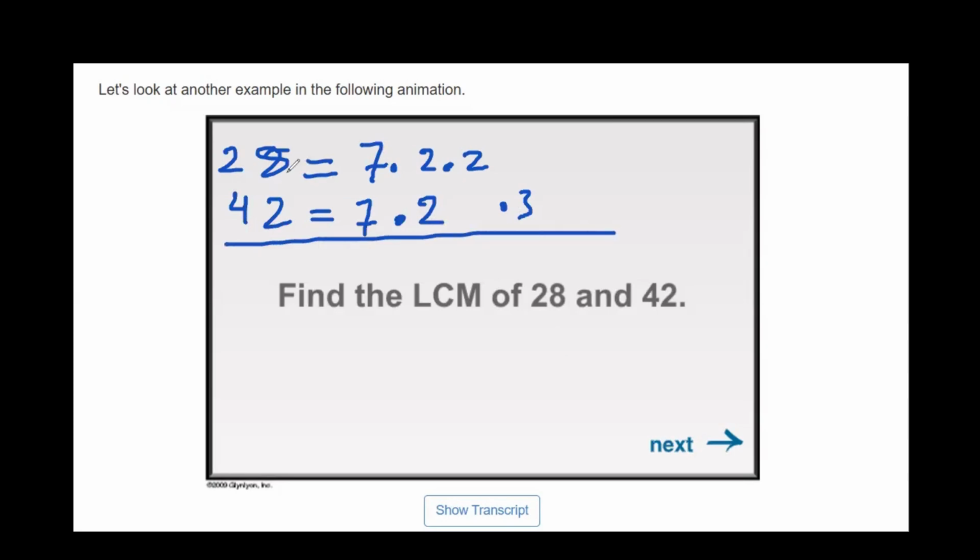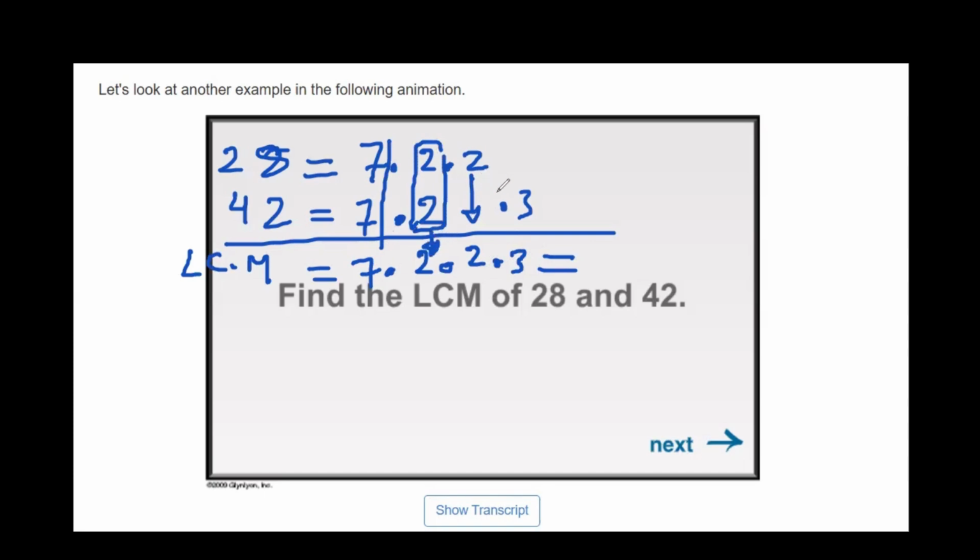So the least common multiple is all the factors. Like 7 multiplied by 2, multiply another 2, multiply 3. You multiply all factors; even the repeated factors, you multiply it once.